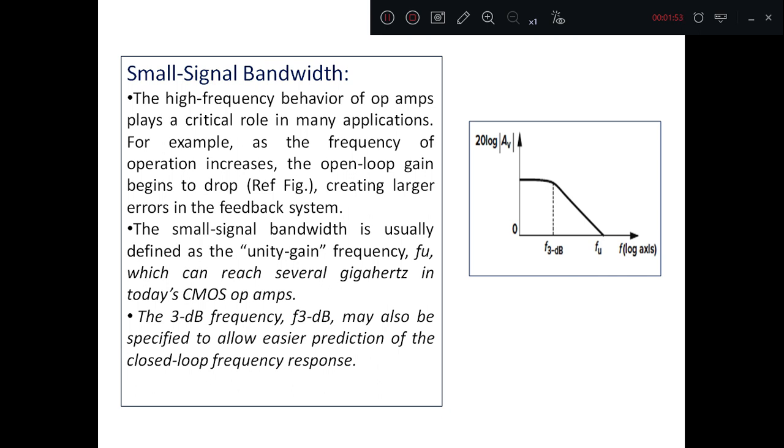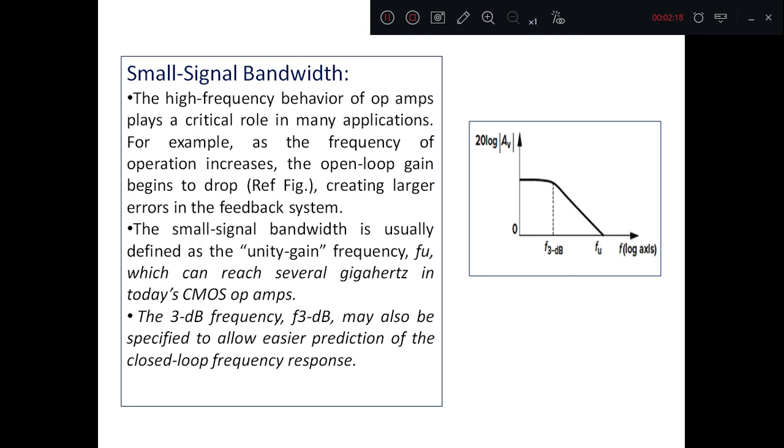The small signal bandwidth is usually defined as the unity gain frequency FU. See here, this is the unity gain frequency FU. What is FU? The small signal bandwidth is usually defined as the unity gain frequency FU, which can reach several gigahertz in today's CMOS op-amps.